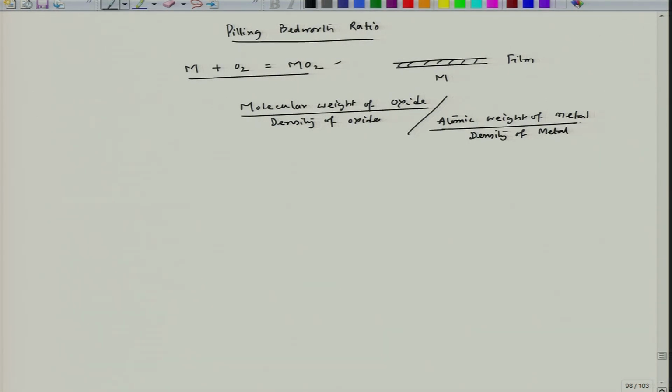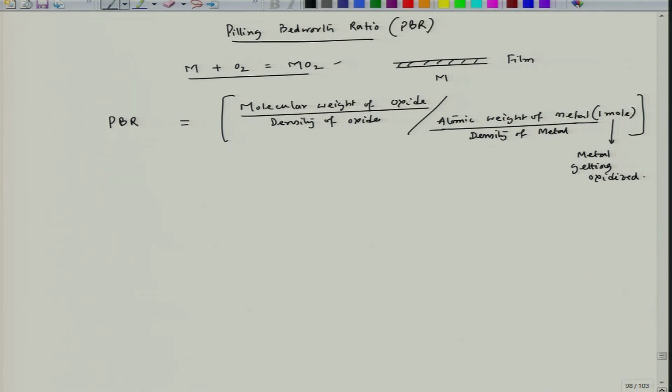When I talk about the atomic weight of the metal, I am considering 1 mole of metal getting oxidized. So every time we find this ratio, we have to consider 1 mole of metal going into metal oxide. We call this PBR, or the Pilling-Bedworth ratio.